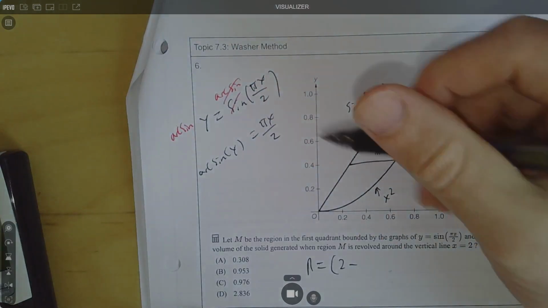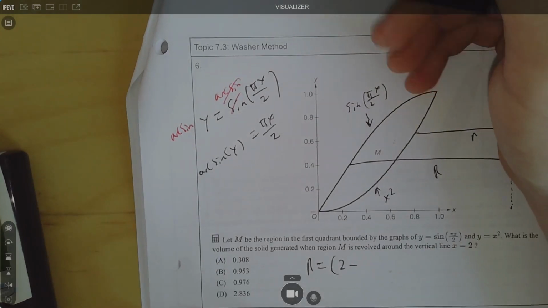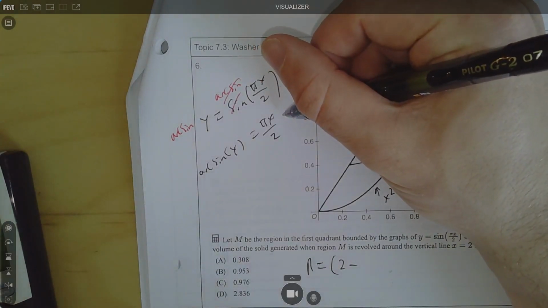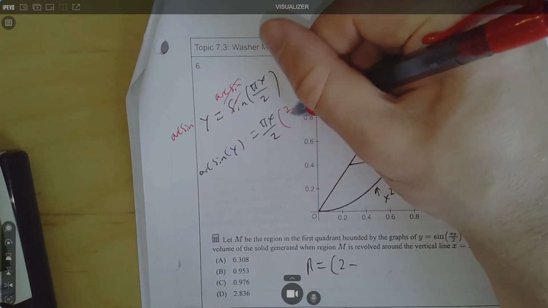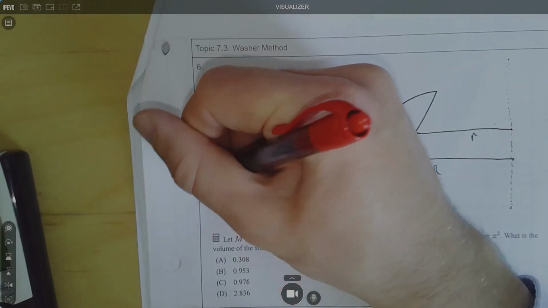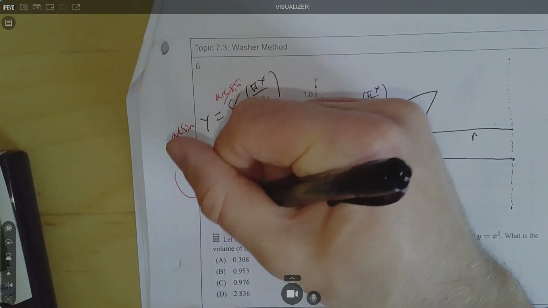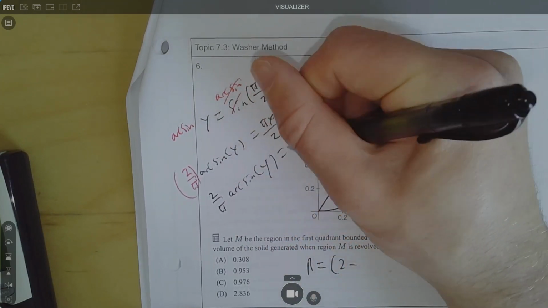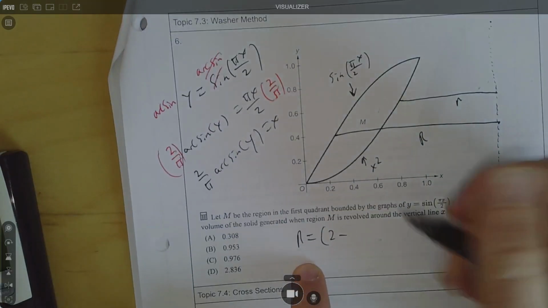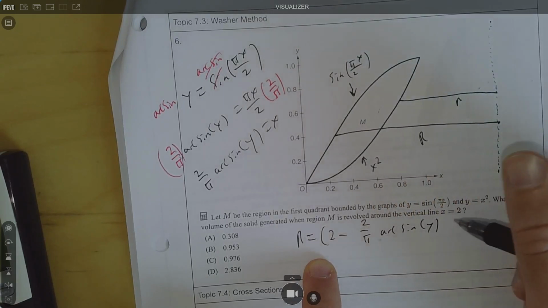And then I'm just going to multiply by 2 on both sides, and then divide by pi. So I'm going to multiply by 2 over pi on both. So it's 2 over pi arcsine y equals x. So big R would be 2 minus 2 over pi arcsine y.